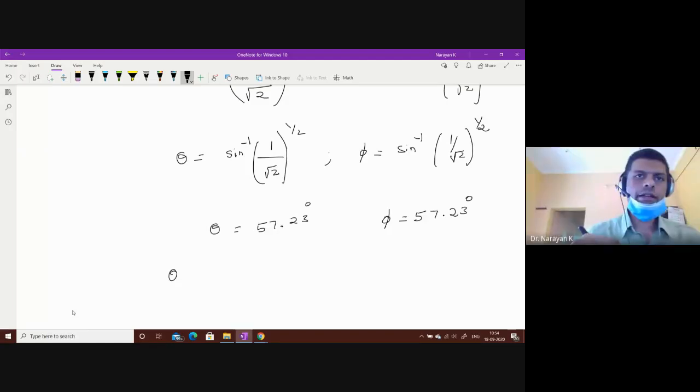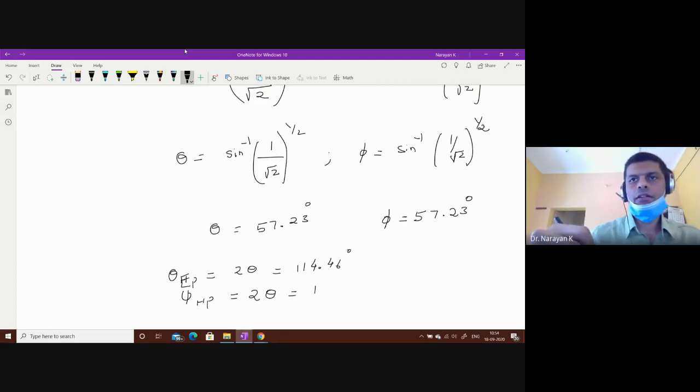Now I'll write theta of HP, sorry, theta of E plane. Theta E plane is equal to 2 times theta, because this is unidirectional. I have to find in both directions. So that will be equal to 114.46 degrees, 2 times theta. Similarly, phi of HP will be 2 times phi, that will be again 114.46 degrees.